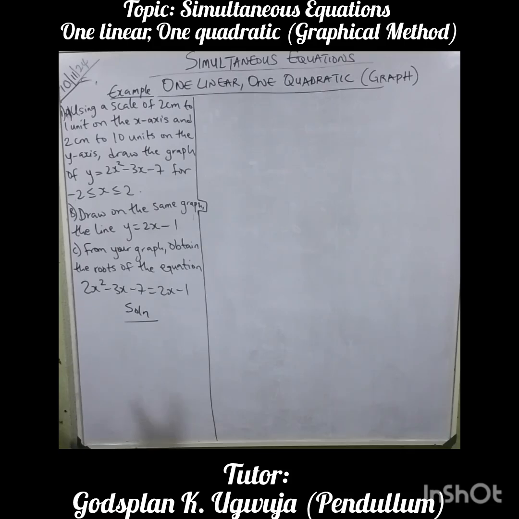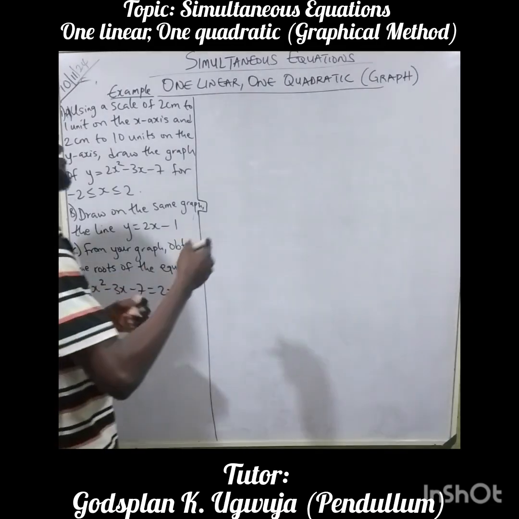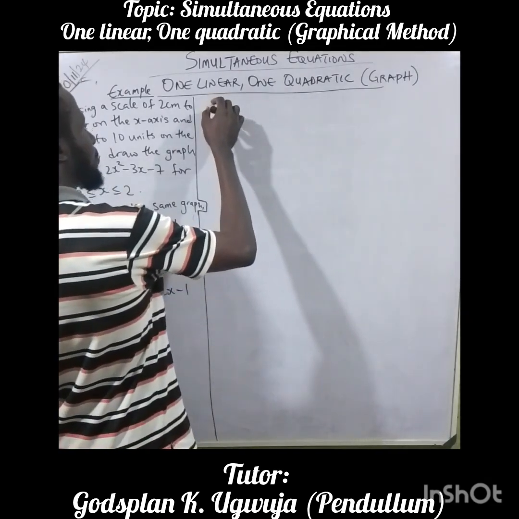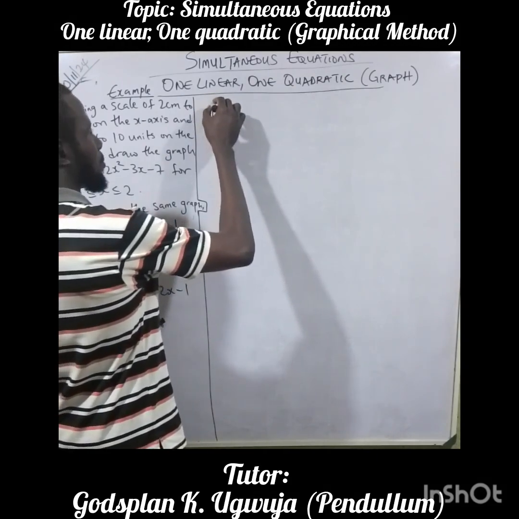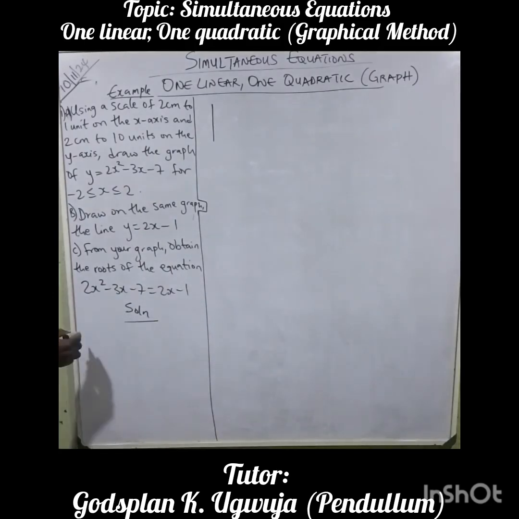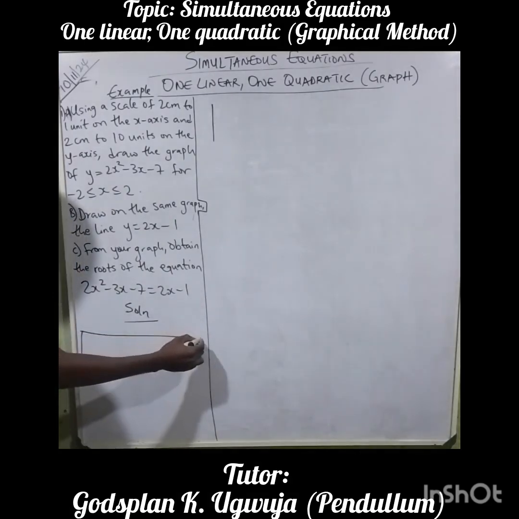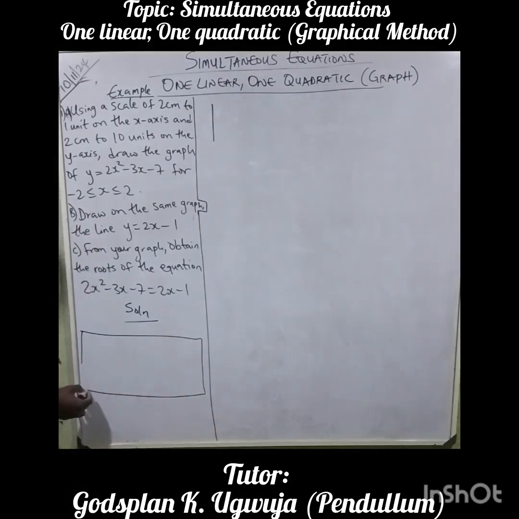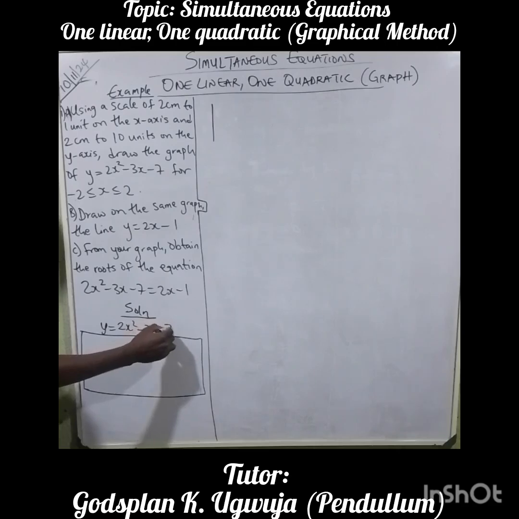Maybe I'll do it here because of space. Okay, so this is for y equals 2x squared minus 3x minus 7. Now, of course, we have x.